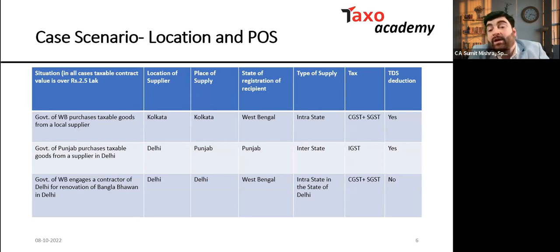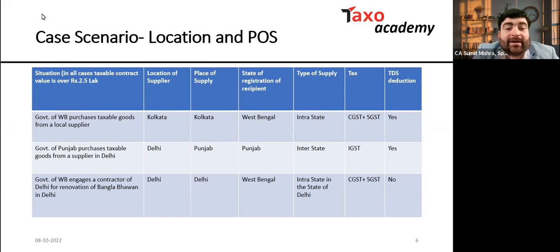In this case, the transaction will be intra-state, since all the persons involved lie in the state of West Bengal. So what will happen while making the payment to the supplier? TDS will be deducted in proportion to CGST and SGST. Since this is an intra-state transaction, CGST will be deducted at the prescribed rate of 1%, and SGST will be deducted at 1% and shown in the respective returns.